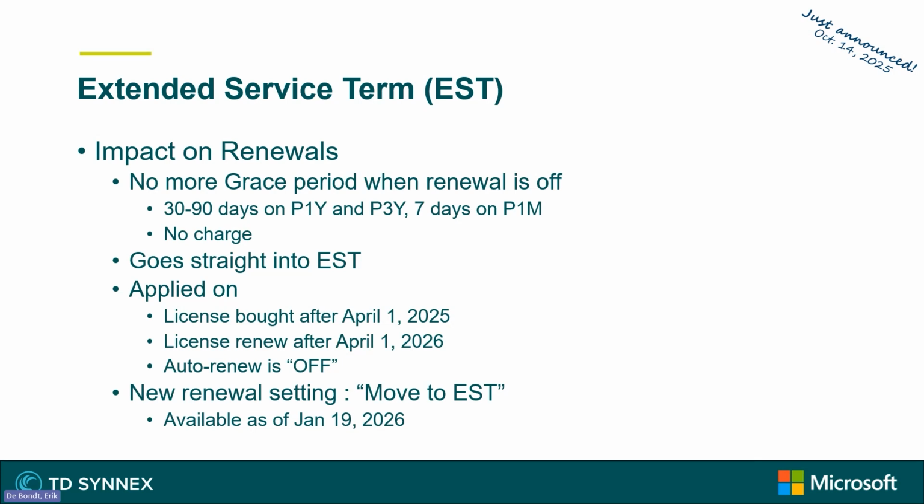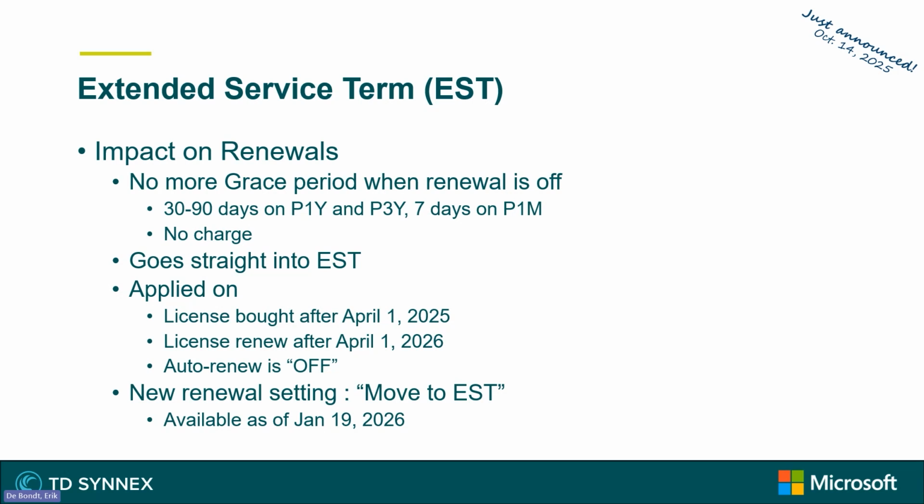So if you bought in March this year a 3-year SKU, you will not have this rule. When it comes to an end in 2028, after 3 years, you will still go into a grace period at that moment because you bought it before the 1st of April 2025. Obviously, when the auto renewal is off.